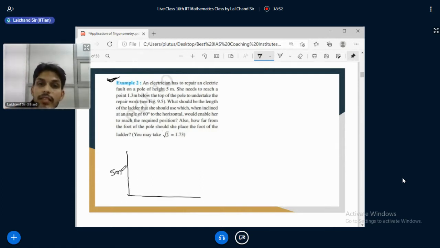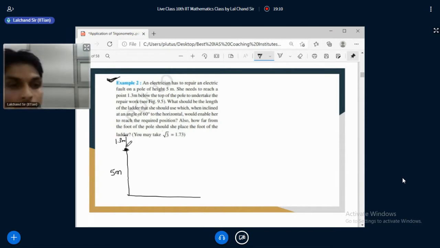Okay, she needs to reach a point that is 1.5 meters below the top of the pole. So let's suppose this is the pole, and this is a point from the top that is 1.5 meters. She needs to reach this point. What should be the length of the ladder that she should use, which is inclined at 60 degrees with the horizontal?